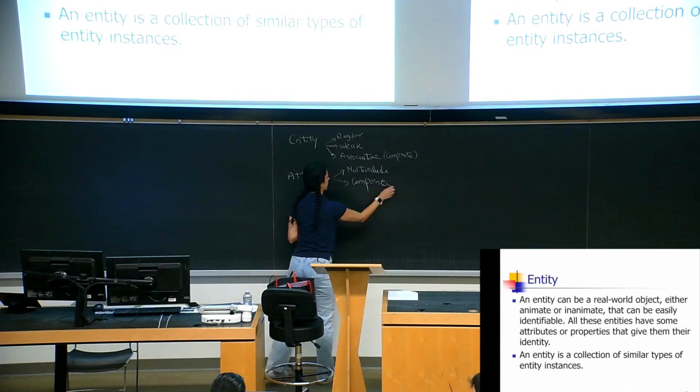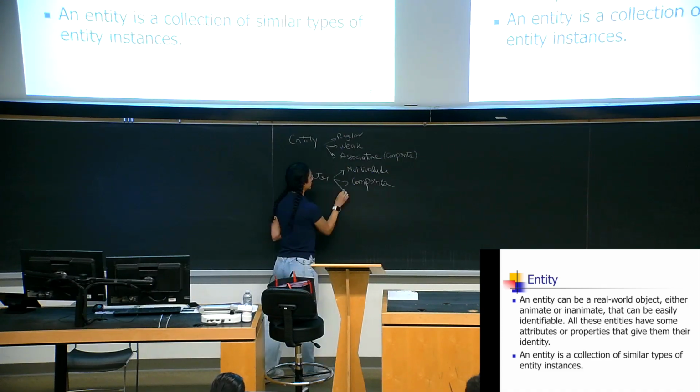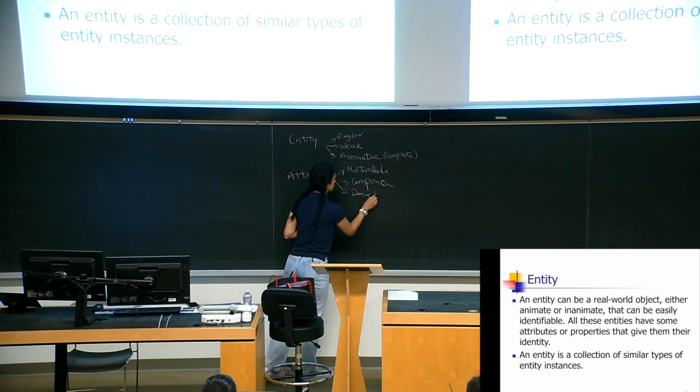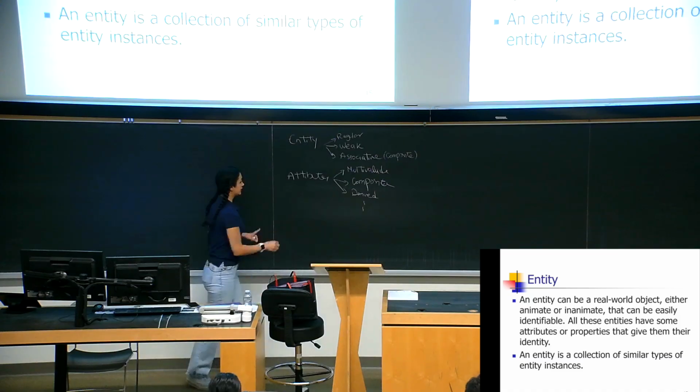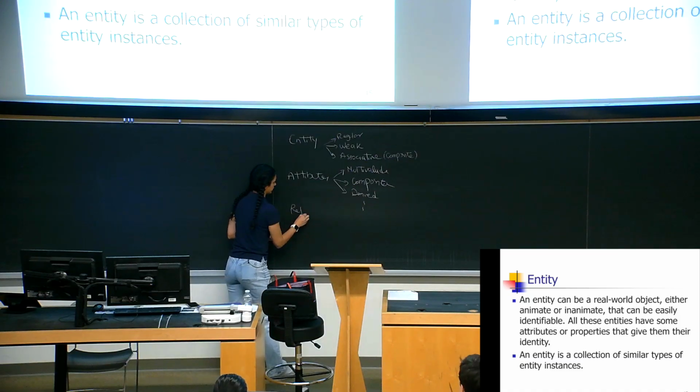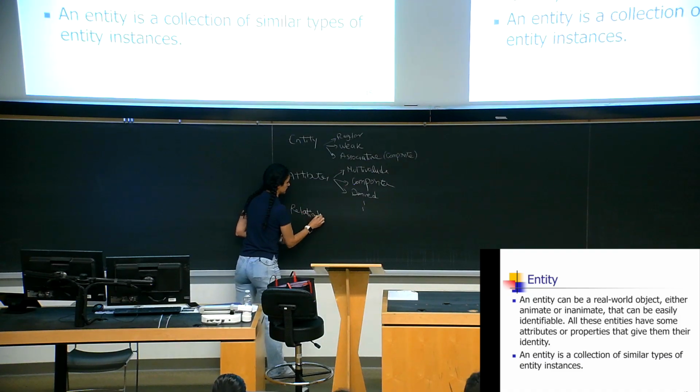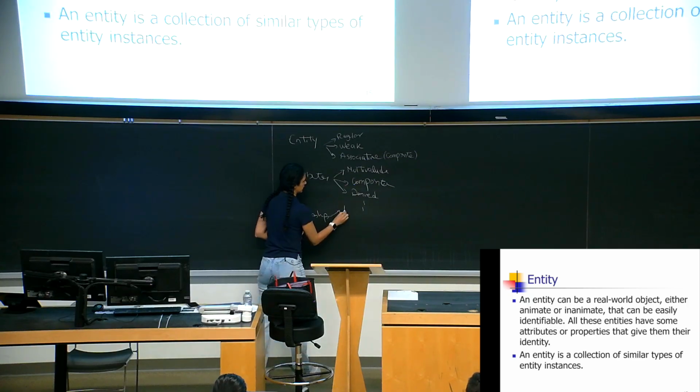This is composite attribute, this is composite entity. And then we'll talk about derived attributes, and so on. And then we have different types of relationships, right? For example, one-to-one, one-to-many, many-to-many.